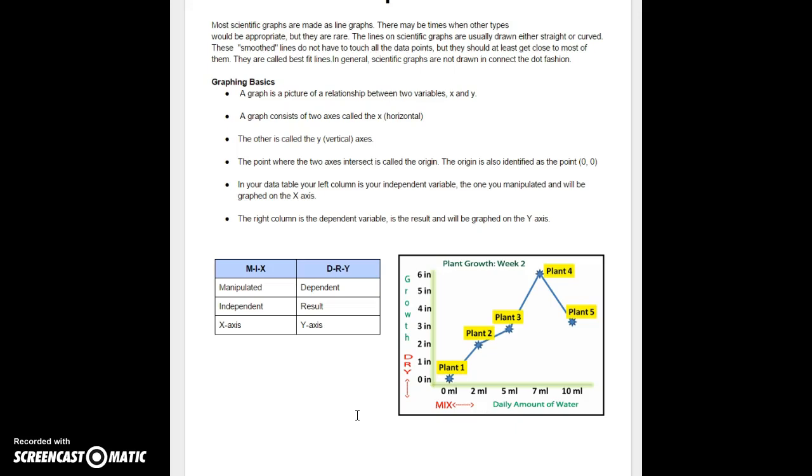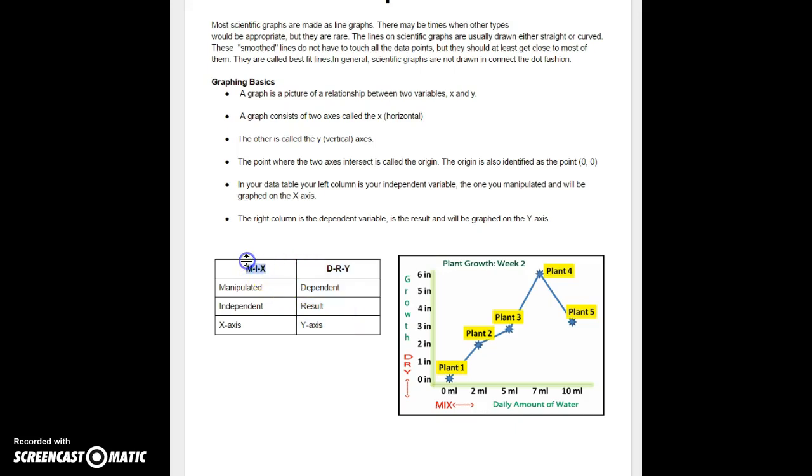In math class, you guys have been working to identify for years now your x and your y coordinates. It's going to work the same way in science class, where this first column that I've highlighted is going to be your x, and then the second column is going to be your y. In science, we're also going to have some other information in there that we're going to need to keep track of. Since this is your x, that's going to help you remember.